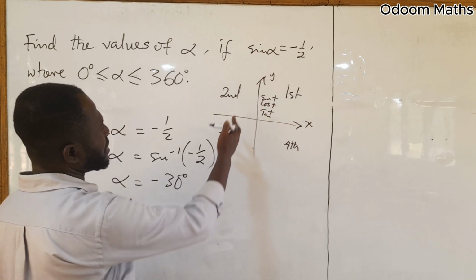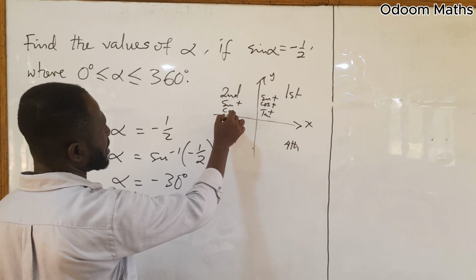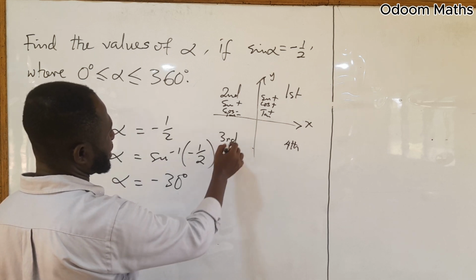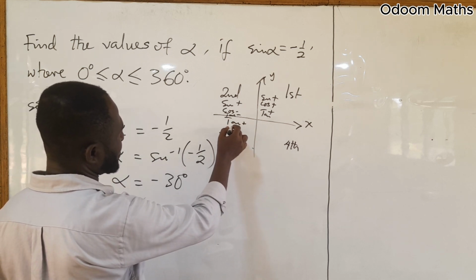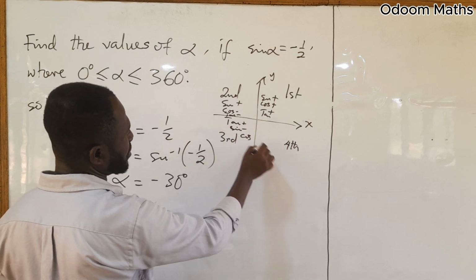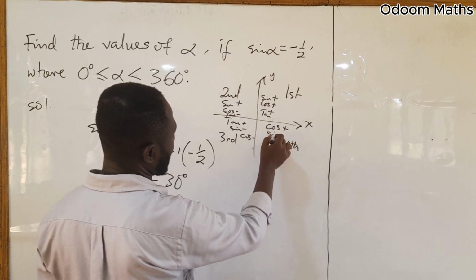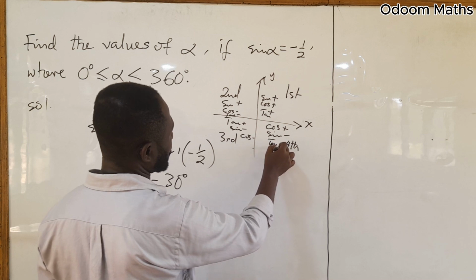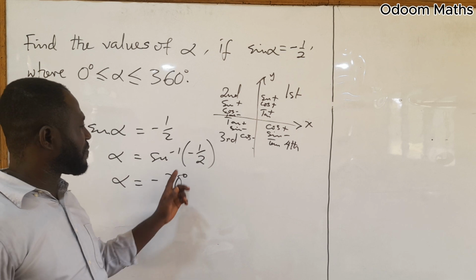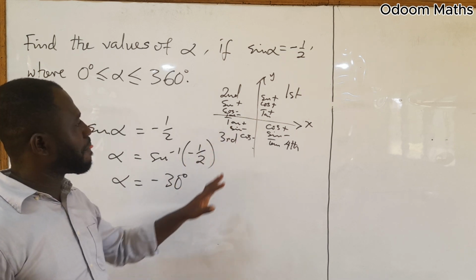Here sine is positive, cos and tan are negative. Then here tan is positive, the rest are negative. And then here cos is positive, the rest are negative. So where we have sine to be negative half, let's go to where sine is negative.